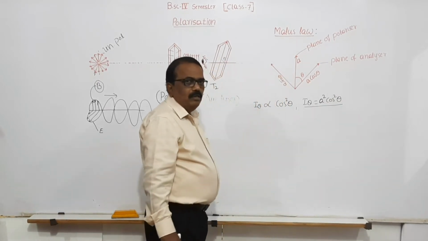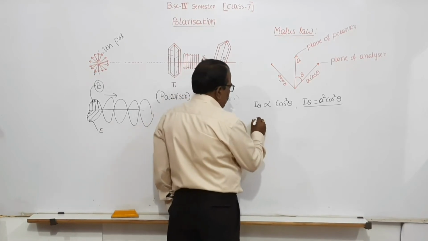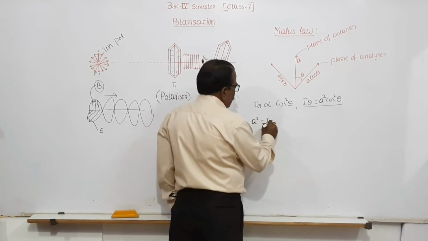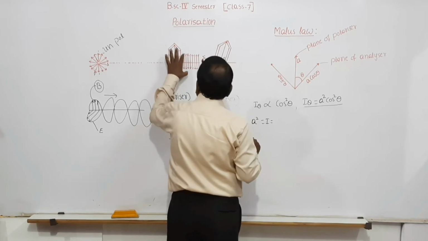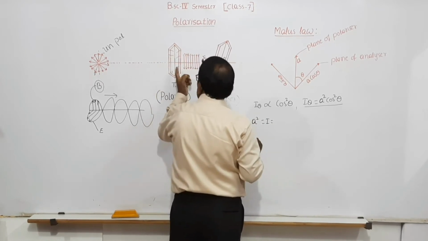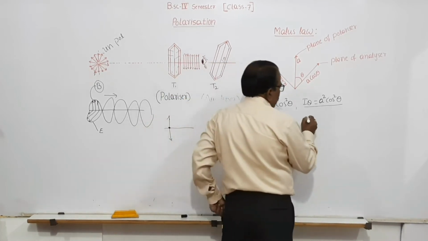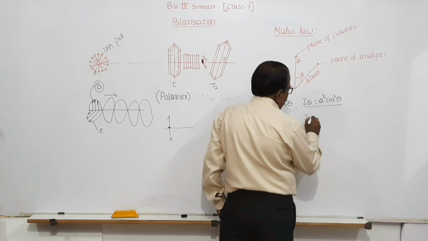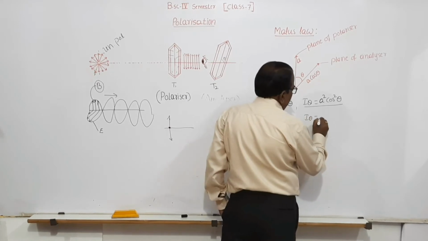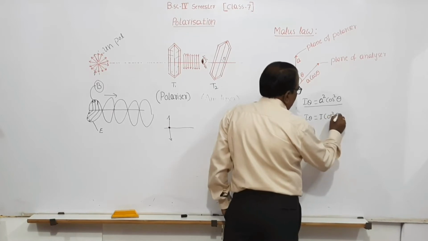So what is A squared? Here A squared is equal to I, nothing but the intensity of the plane polarized light which passes through the polarizer. Therefore, I theta is equal to I cos squared theta.